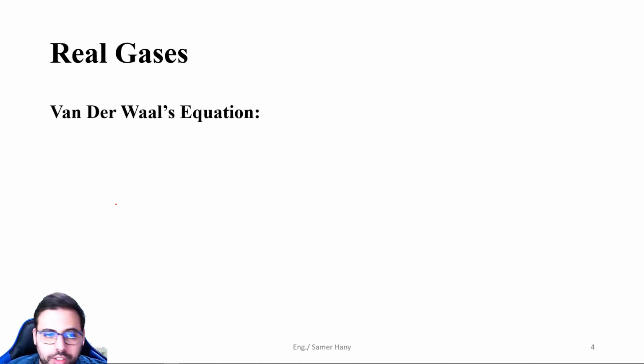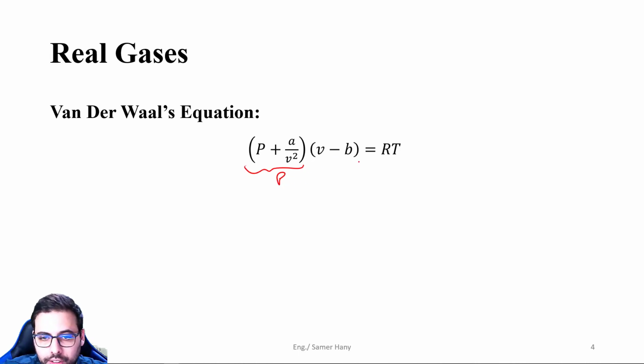So the first and the only model that we'll study in real gases is the van der Waals equation, and it's very similar to the ideal gas law. As you can see here, this is a pressure term and this is a volume term, just like the ideal gas, but we're taking into account the interaction forces between molecules and the total volume of the molecules in the system.